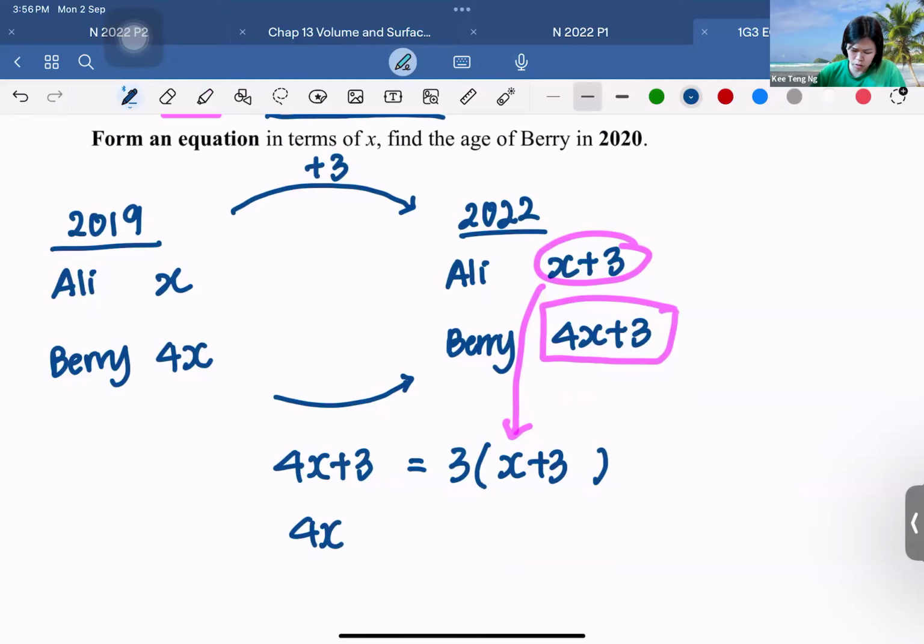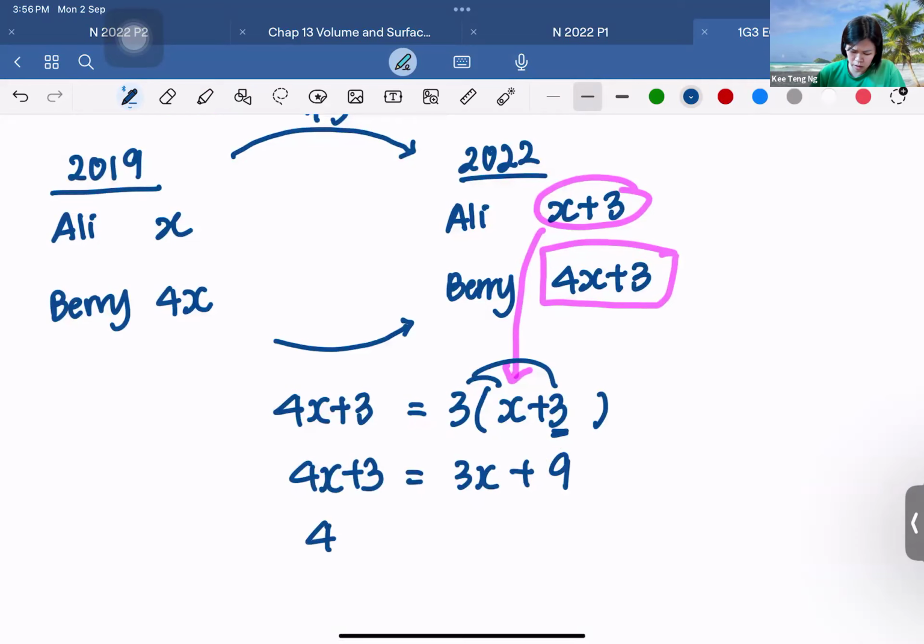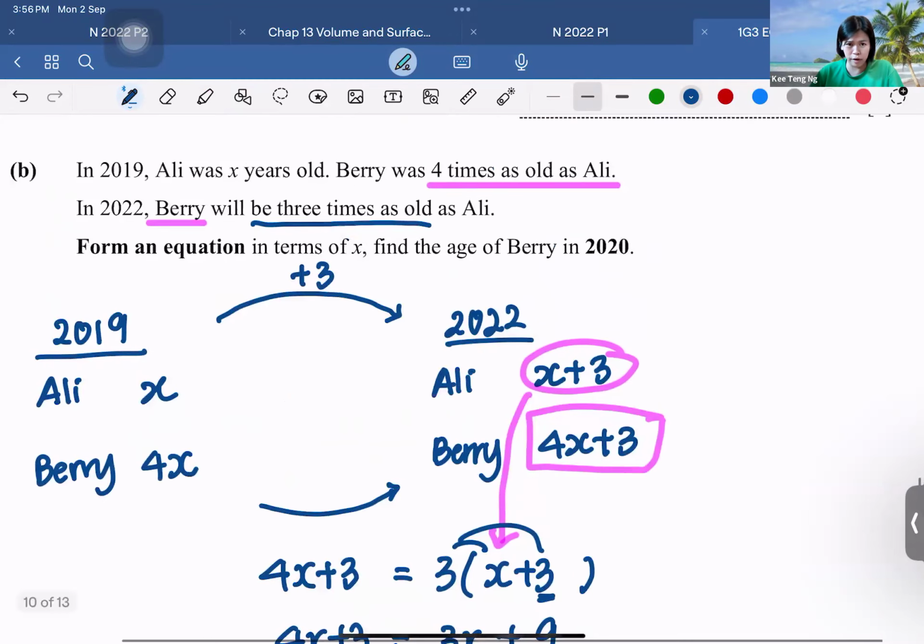Then form an equation. I formed the equation already. Expand and simplify, times 3, then simplify. Okay, I found my X value. But that's not the final answer.